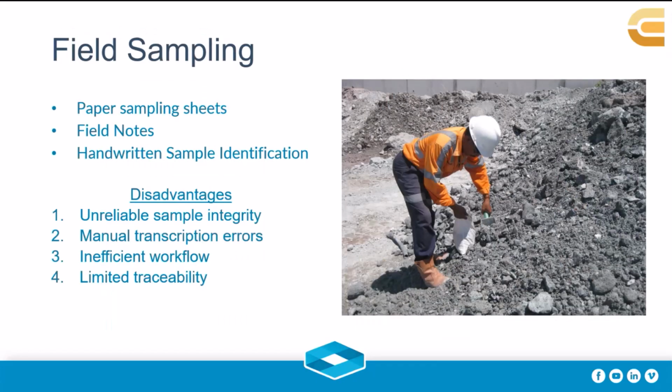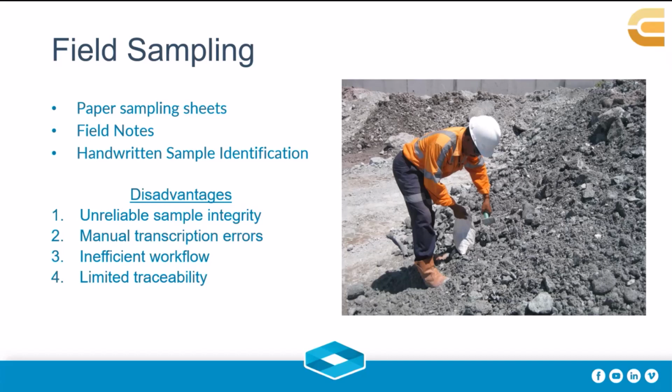All right, so some of the challenges that we've heard our customers facing in the realms of sample tracking in a mine site normally start actually at field sampling. Most companies are using paper sampling sheets to record field notes and other observations, and sample IDs are generally written on the bag directly.